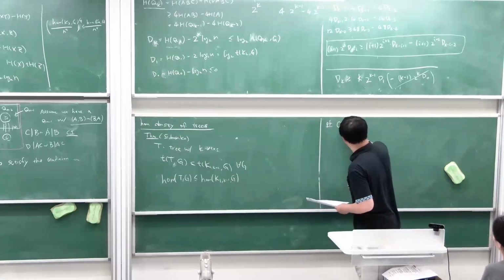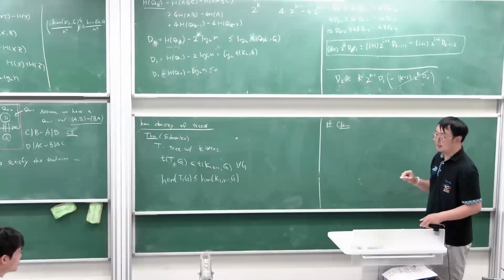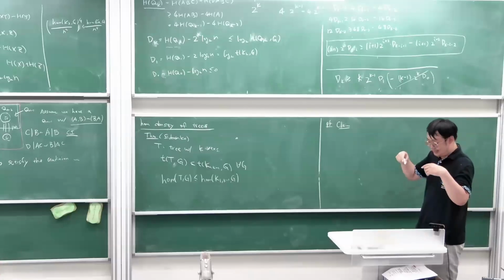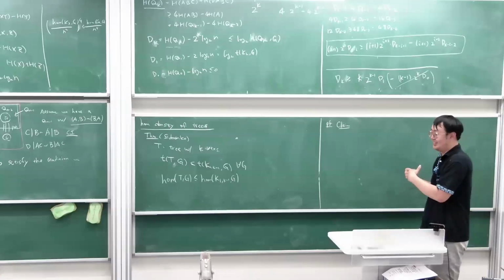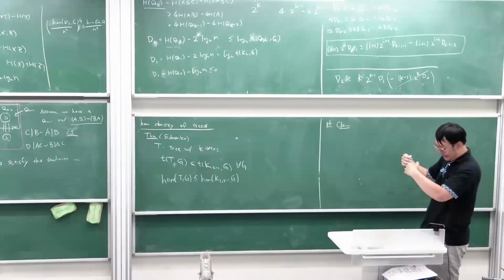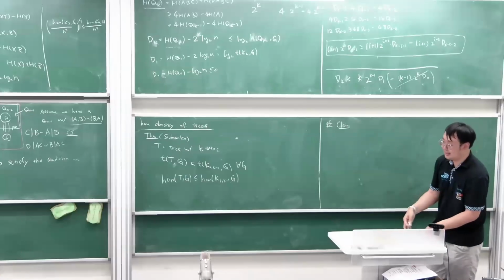So the first claim. Intuitively, is it because the star is the most asymmetric one? It's irrelevant. Intuitively, the star has the most leaves, although that's kind of a tautology, but you'll see in this claim that you can always get a tree that has more leaves and has larger homomorphism density.